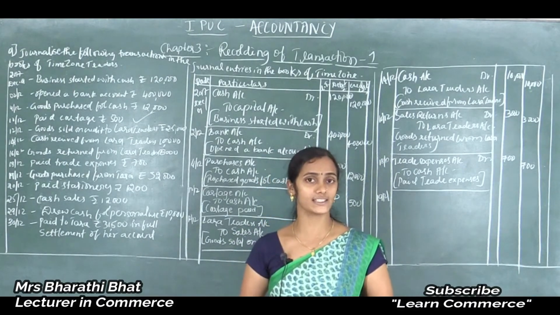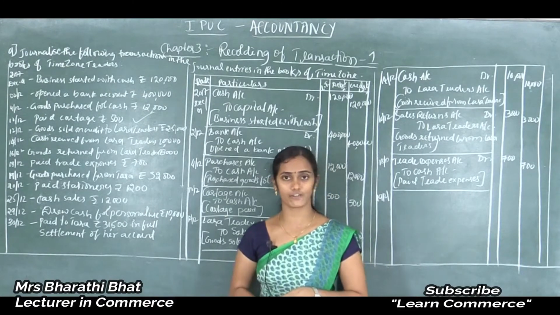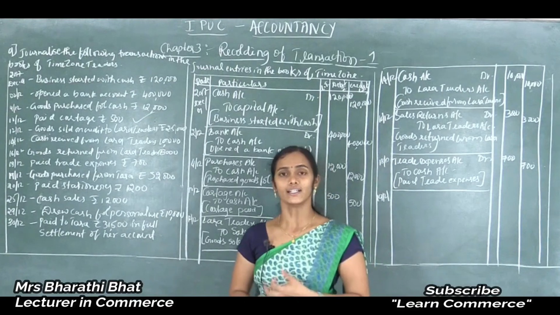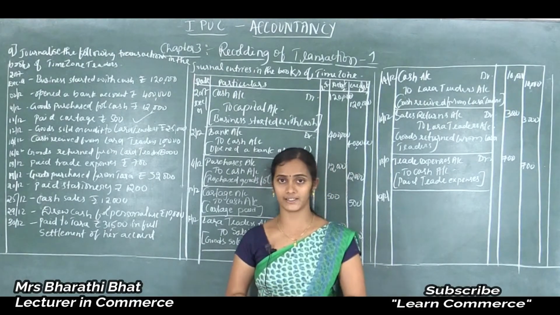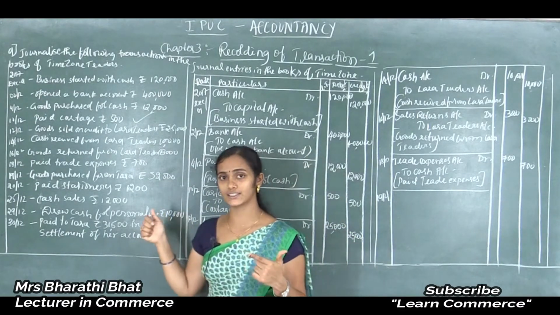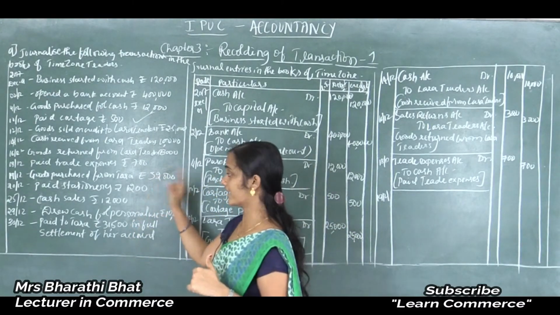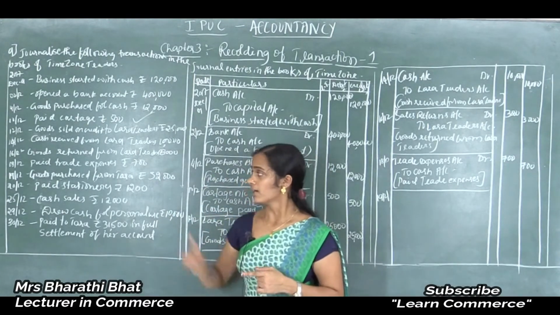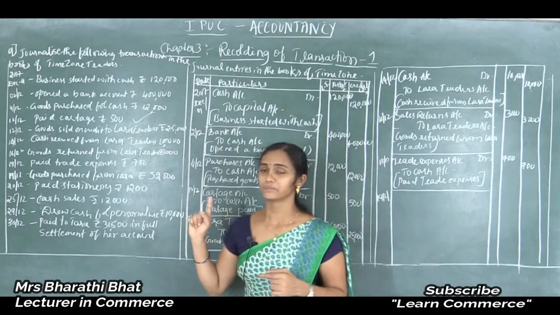According to the liability rules of debit and credit, increases in liability are to be credited, decreases in liability are to be debited. Just analyze whether liability increases or decreases. Correct, liability shows increased value. So how can we record the transaction?